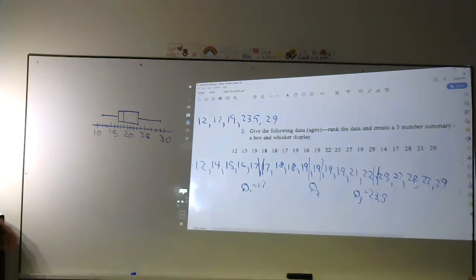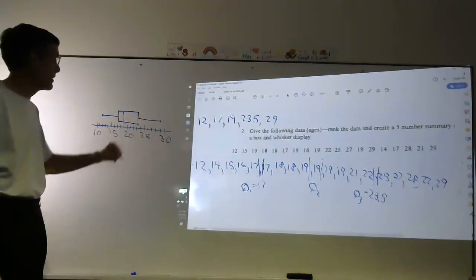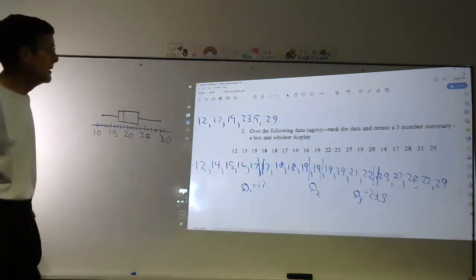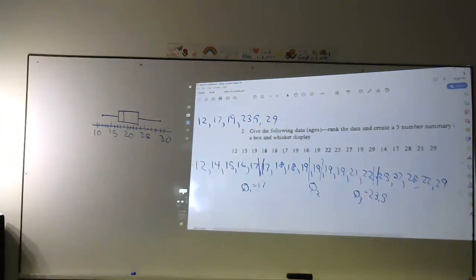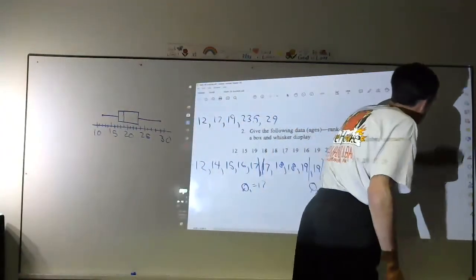It looks to me like the largest amount of spread is probably in the 4th quartile, which goes from 23.5 to 29, which is a spread of 5.5. Are we good? All right, so we've done that one. See how easy today is?